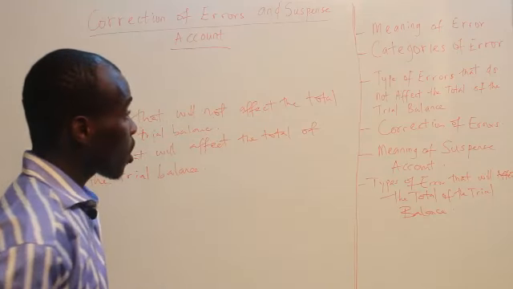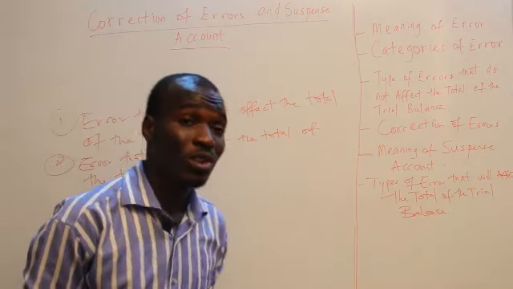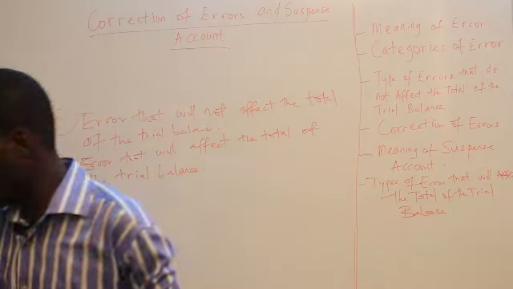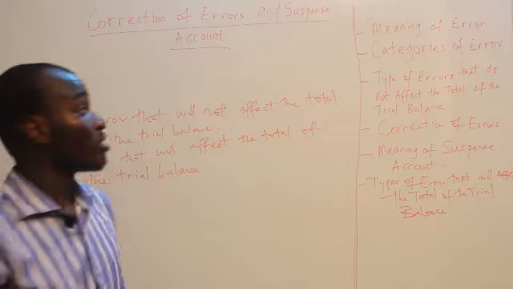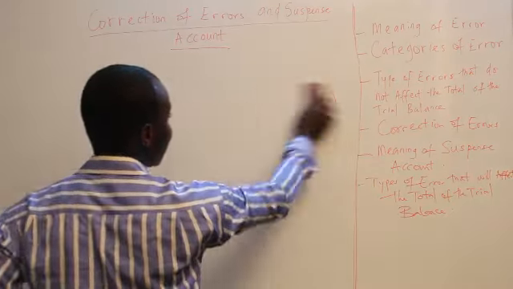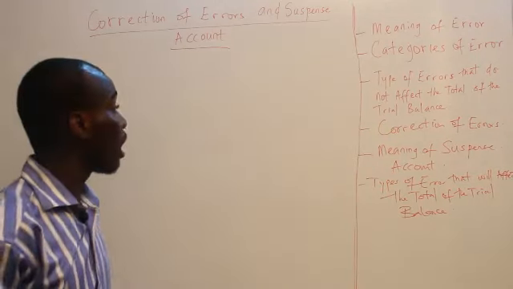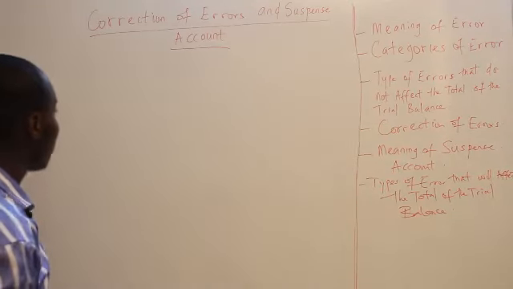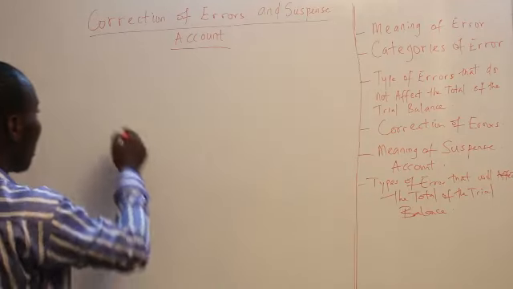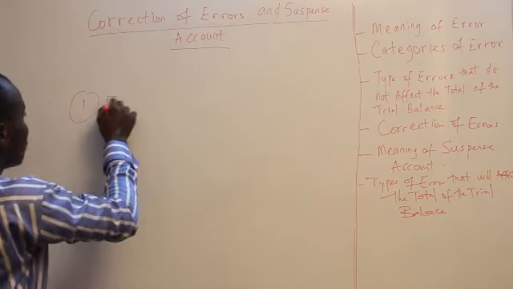So we are going to look at the types of error that do not affect the total of the trial balance. This type of errors will occur in the books, while the total of the trial balance will still be in agreement. Firstly, we have errors of omission.